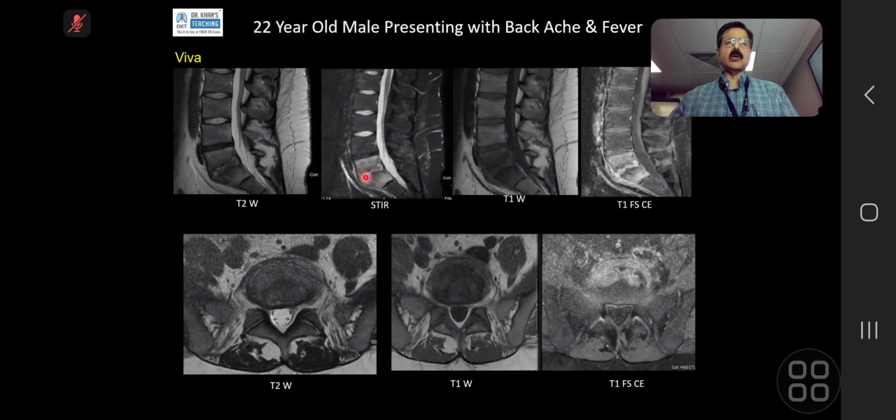They are partly destroyed. And if you just go for our formula of marrow signal, we can see that on T1 weighted sequence, the marrow is lower than the intervertebral disc. And of course, whatever is low is high on the STIR. On post contrast, everything is enhancing.